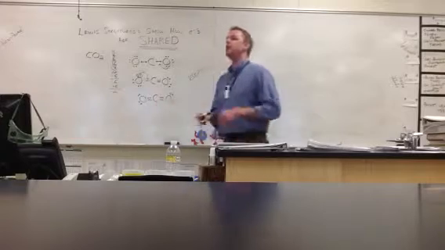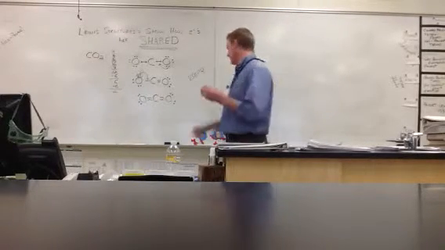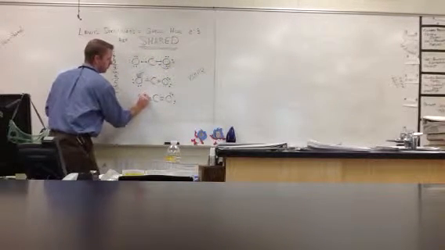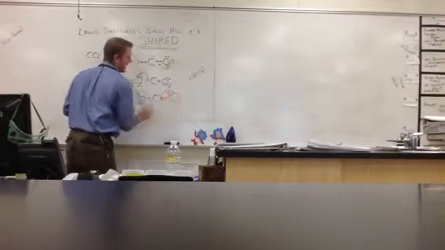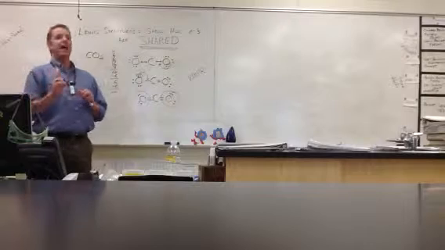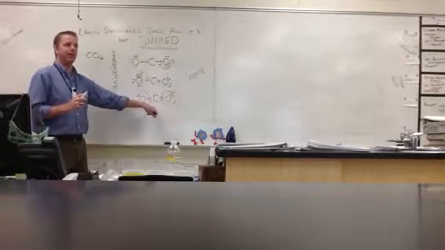So you look at carbon. How many things are bonded to the central atom? How many things? There's one oxygen here and one oxygen here. So how many things? 2. Any lone pairs? Any lone pairs on top or bottom or anywhere around?